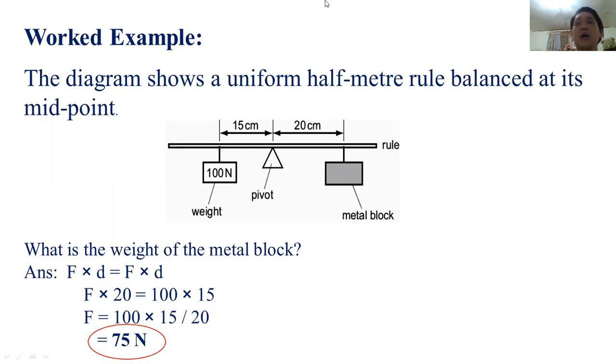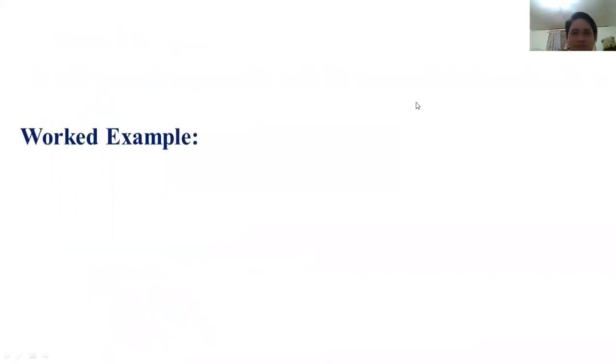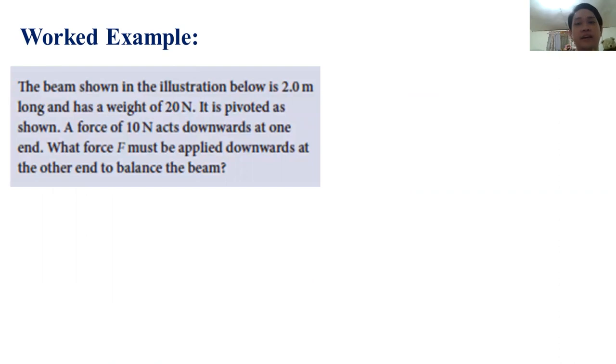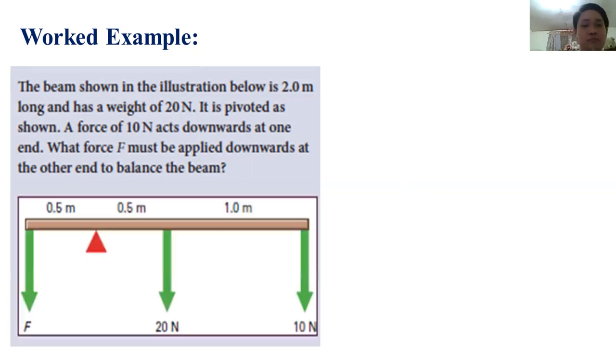Okay, so let's go to another example. Another worked example, class. Now, the problem here is the beam shown in the illustration below is 2.0 meters long and has a weight of 20 newtons. It is pivoted as shown below.